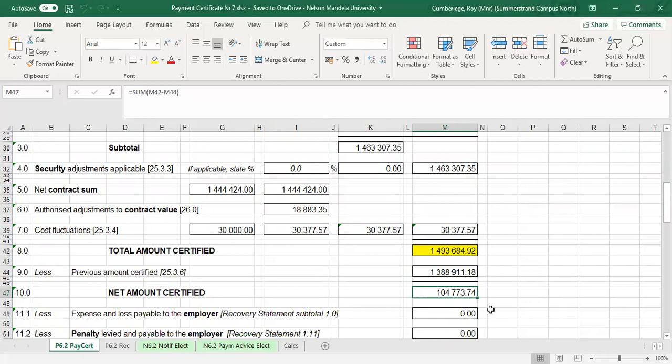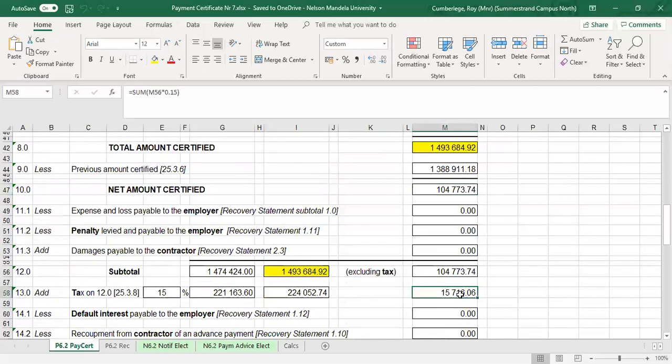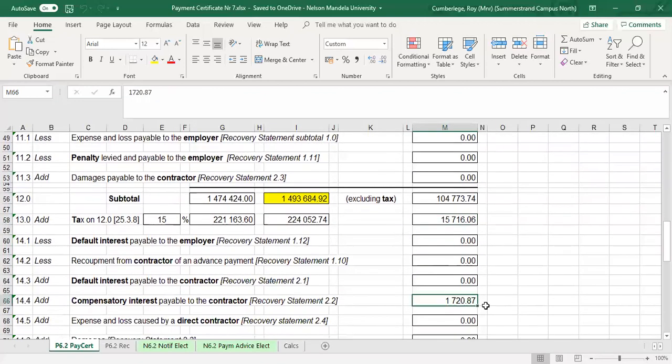So we need to pay the contractor this amount plus the 15% VAT. And what you'll note is that there is, in this case, compensatory interest. There will always be compensatory interest on your final payment, because that is now after practical completion.